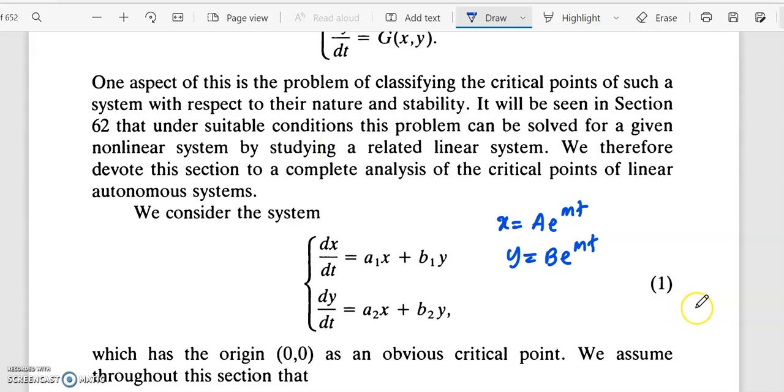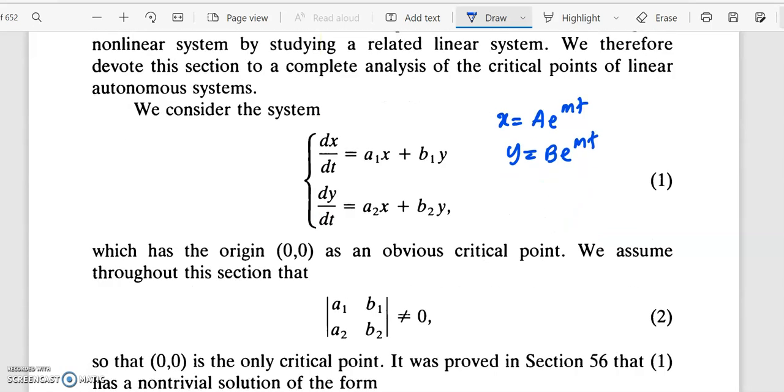Now by critical point, we mean a point x, y which satisfies the equations a1x plus b1y equal to 0 and a2x plus b2y equal to 0. So obviously the origin will be a critical point.